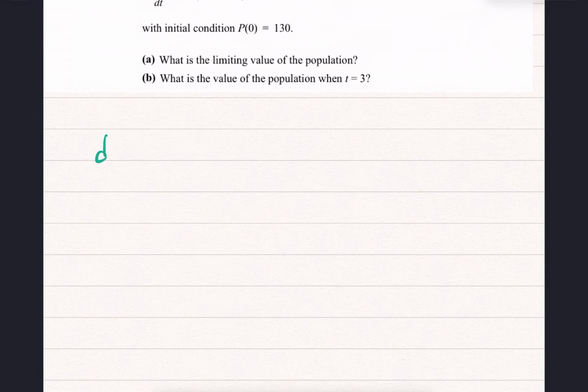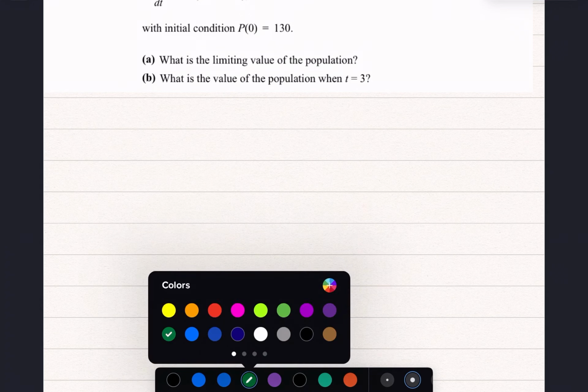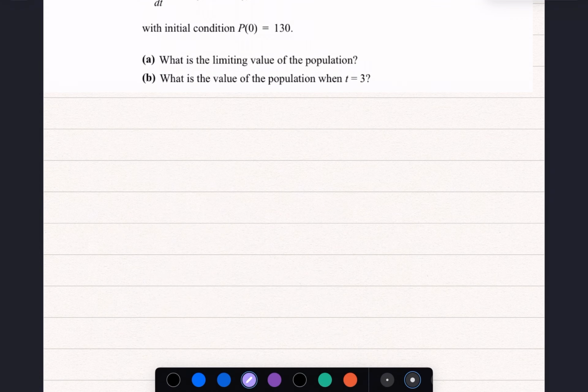So my differential equation, I'm going to change the color because I'm not liking it. Let's go like this. dP/dt equals 6P(19 minus ln P).